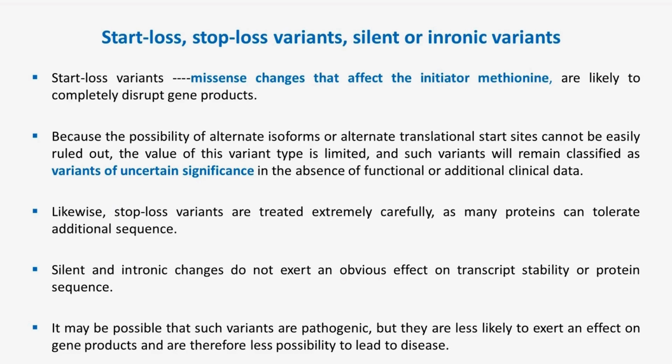Because the possibility of alternate isoforms or alternate translation start sites cannot be easily ruled out, the value of this variant type is limited and such variants will remain classified as variants of uncertain significance in the absence of any functional or additional clinical data. Similarly, stop-loss variants are treated extremely carefully as many proteins can tolerate the additional sequence, as in stop-loss variants there is addition of sequence.